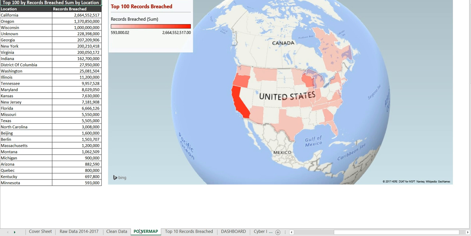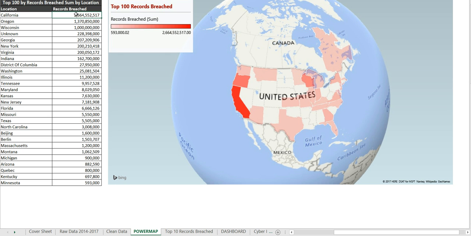To start, I wanted to see which locations had the most records breached. Now, it doesn't mean that the breach incident only affected people in that location. That's just where the breach occurred. It could have, and most likely did, affect people all over the US.